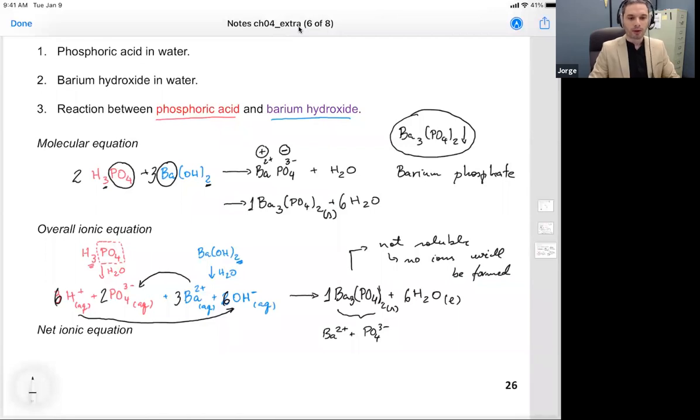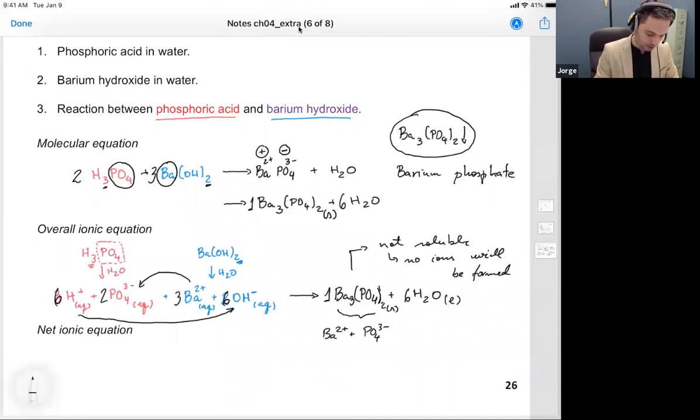Okay. At this point, we are almost there. So now let's write the net ionic equation. For the net ionic equation, we are going to treat the chemical reaction as a mathematical equation, which means everything that shows up in the product side and the reagent side can be canceled, will disappear.